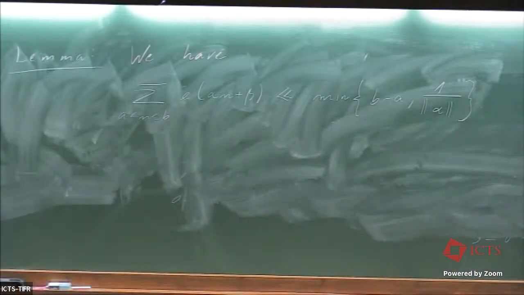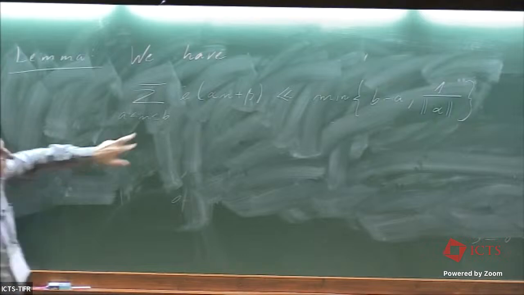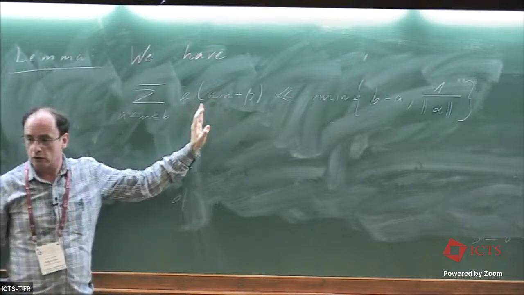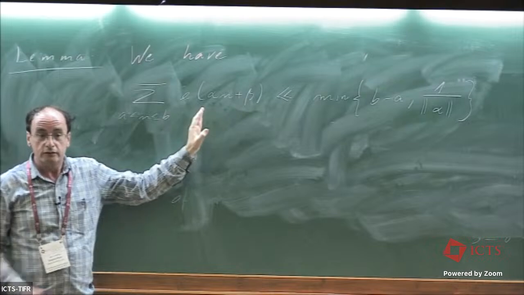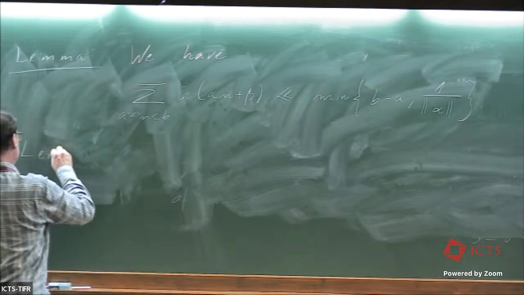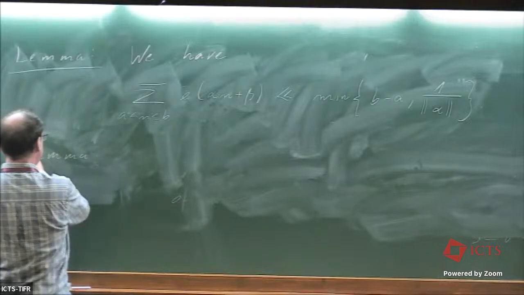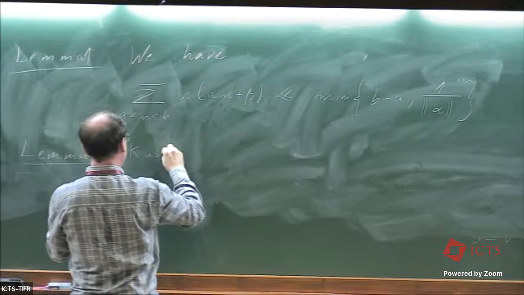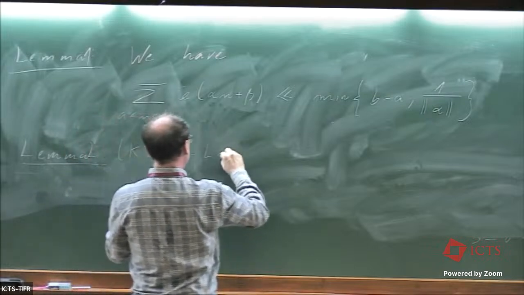Now this can be generalized, in fact. Here we see that the derivative of this function f is a constant, alpha. So we can generalize this a little bit to the so-called Kusmin-Landau inequality.